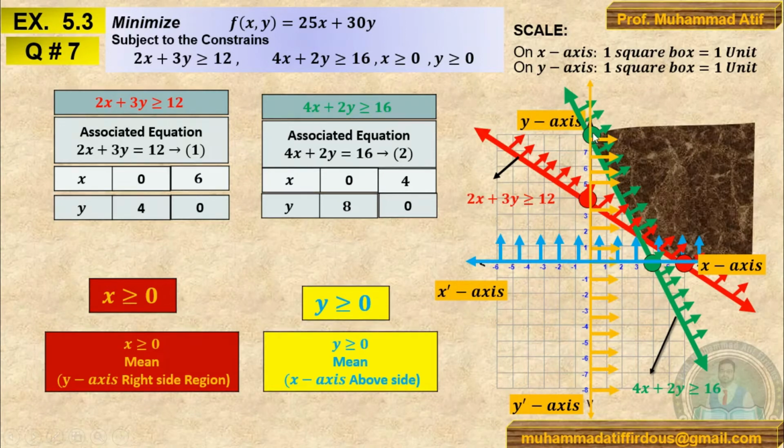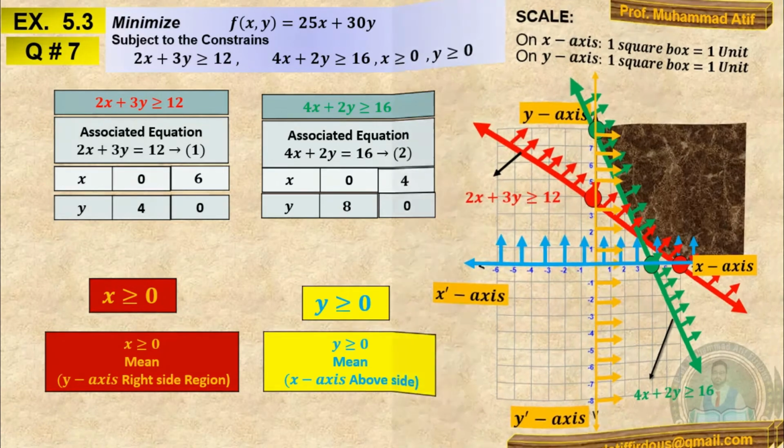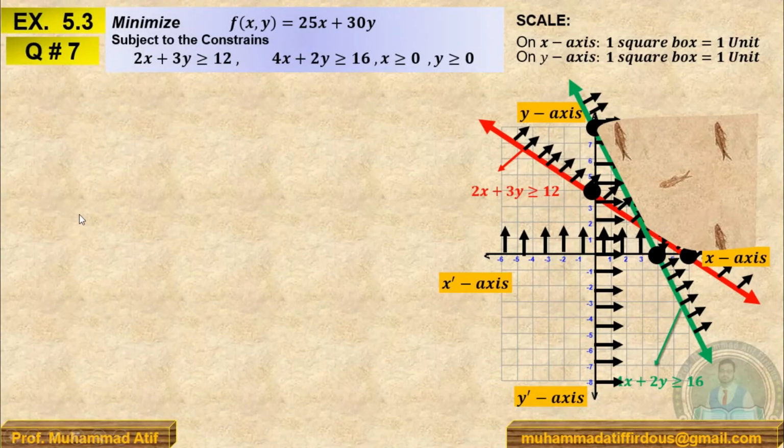A corner point is that point where two lines intersect at this shaded region. We have three corner points. In the next slide, I am going to find these three corner points. Got it? Now we move on to our second phase.